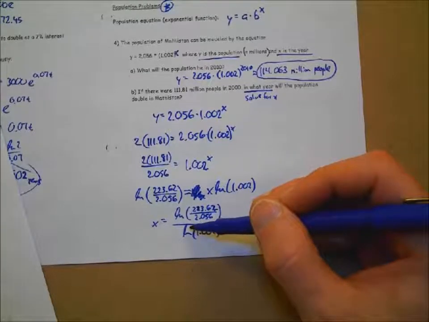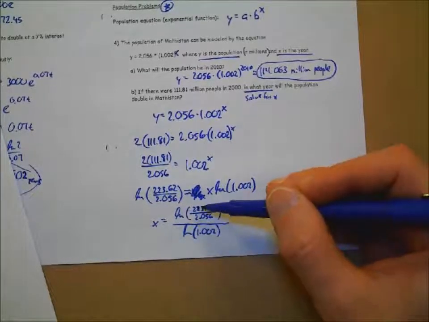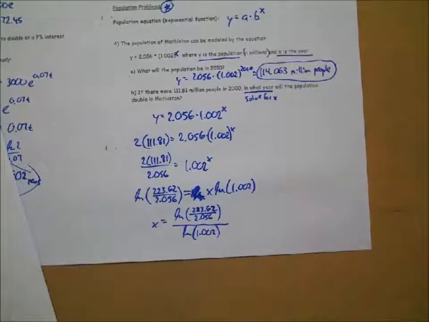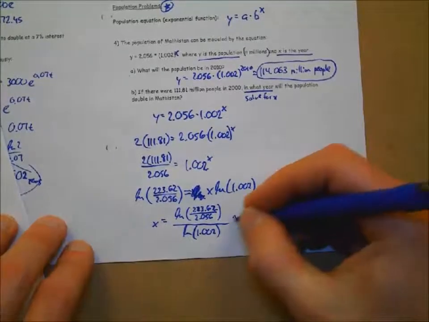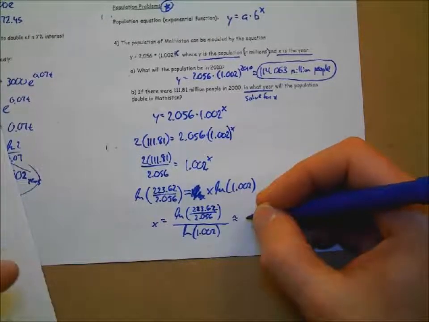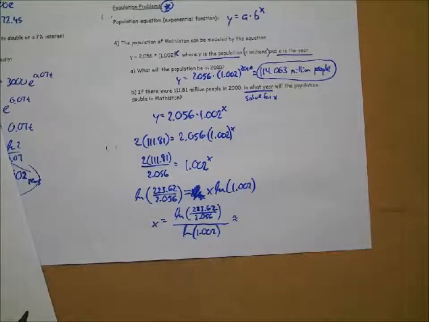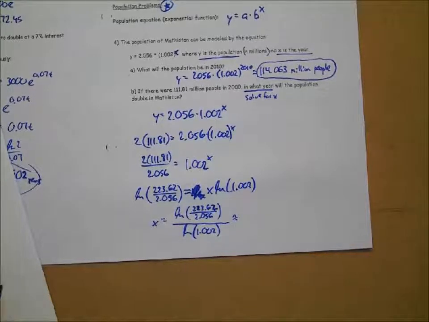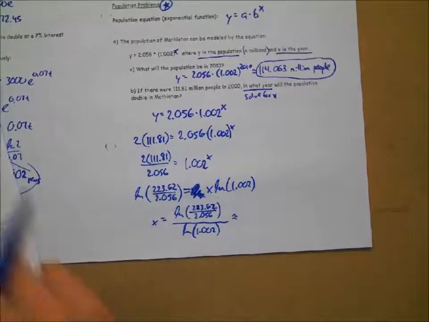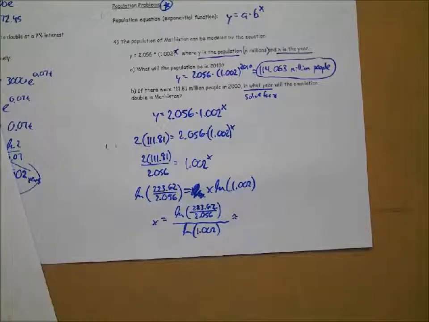But natural log of something divided by something can be changed to subtraction if you like. The approximation here, I should say, should be 2,346.939, I think. Retype this just to be sure. 2,346.937 is actually what I get there.